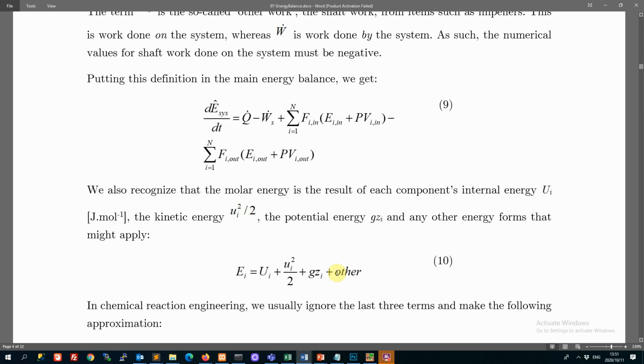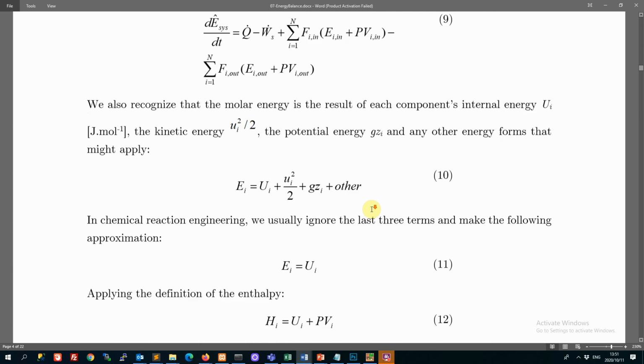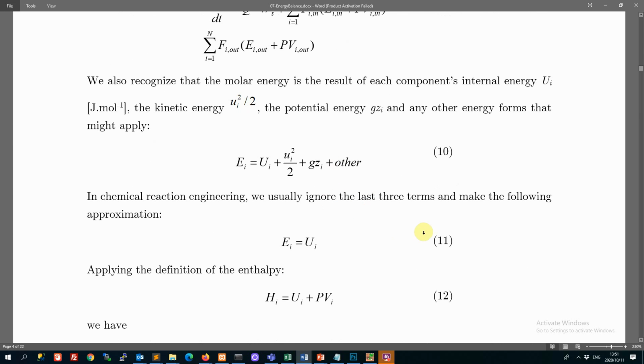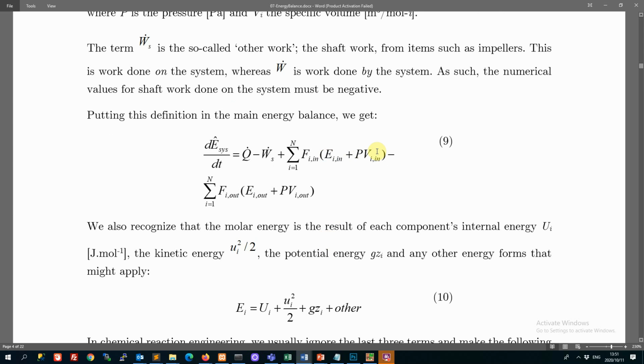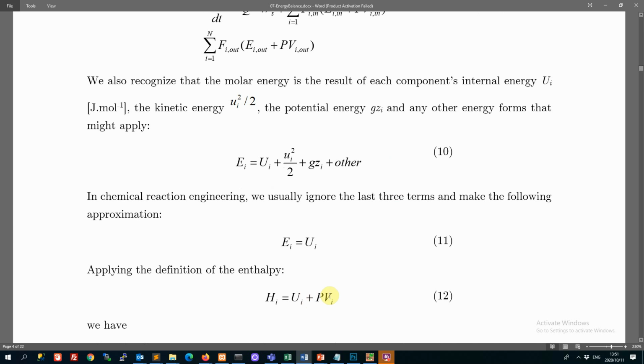So if we apply that here, and then we look at this form, we usually ignore the last three terms, so we don't worry about this too much, and then we can rewrite energy as internal energy. So we can say EI is approximately UI. So then you've got U plus PV and U plus PV, and of course U plus PV is the enthalpy.